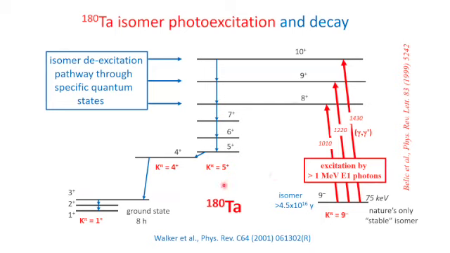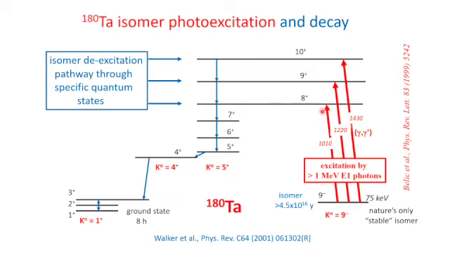My involvement was only to point out that these resonances match up with excited states that had been established from gamma ray spectroscopy of tantalum-180. And it can be seen that these can be E1 transitions going from 9- to 8+, 9- to 9+, 9- to 10+.